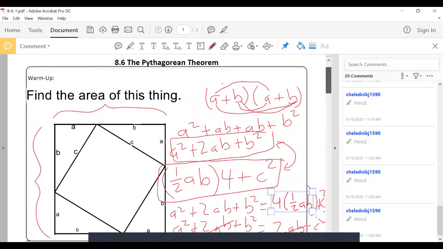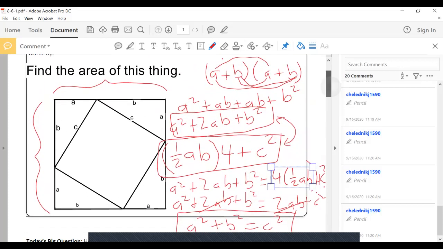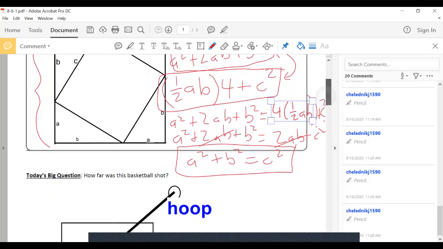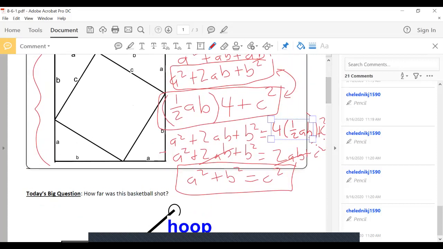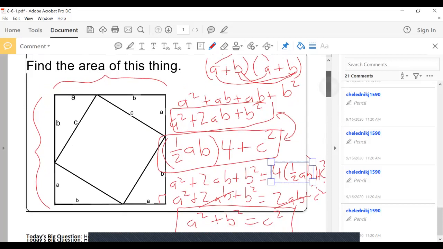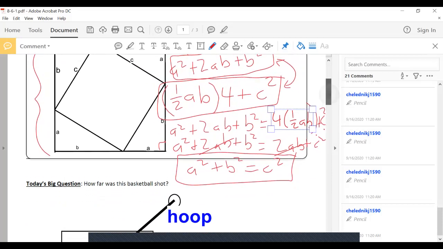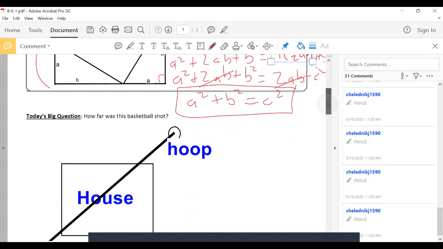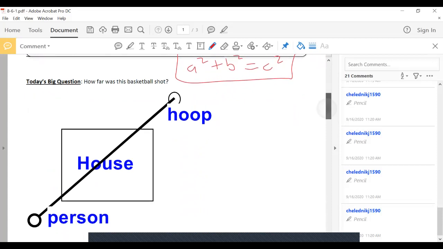Thus concludes a simple proof of the Pythagorean theorem. That's assuming that these are right triangles, okay? We were operating under that assumption the entire time. But anyway, the rest of the lesson uses that Pythagorean equation.